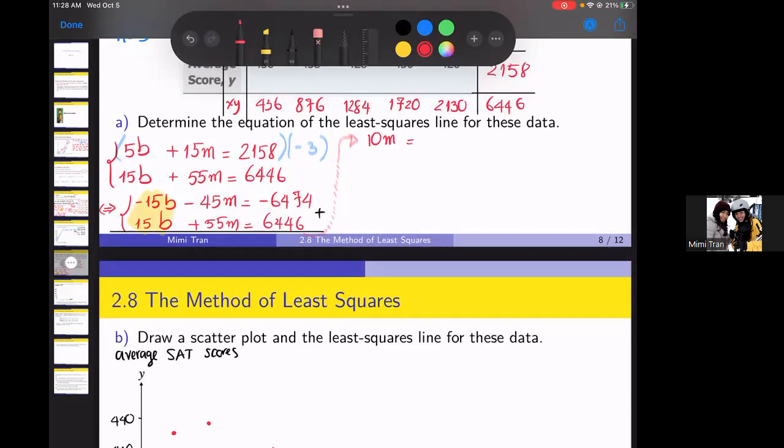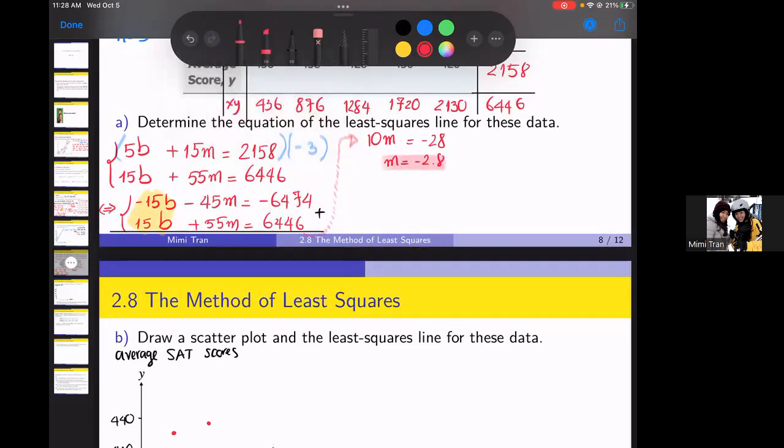And plus what? 6446 minus 6474 is negative 28. So m equals what? Negative 2.8. Don't bother with fractions and simplifying all that. So that's your m.